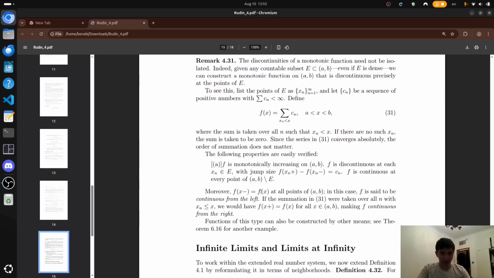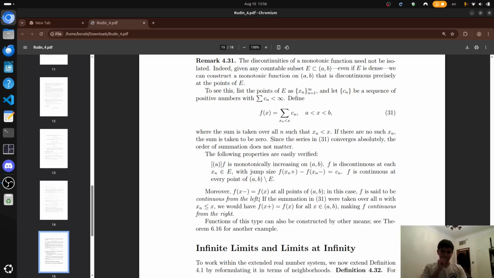Furthermore, f(x from left) equals f(x) at all points of (a, b). In this case, f is said to be continuous from the left. That's the definition. And the reason why is that you're adding suddenly without any equalities.